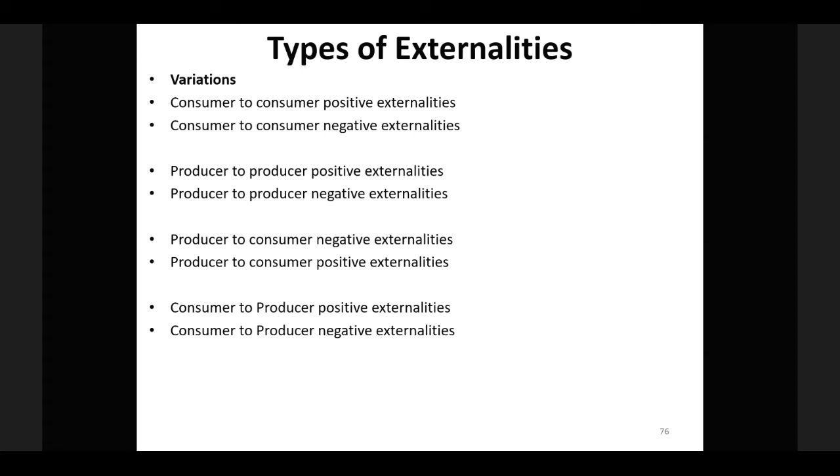Something I would like you to try and find examples for yourself. We can have consumer-to-consumer positive externality, where the consumption activities of one individual affect positively the consumption activities or satisfaction of another individual.